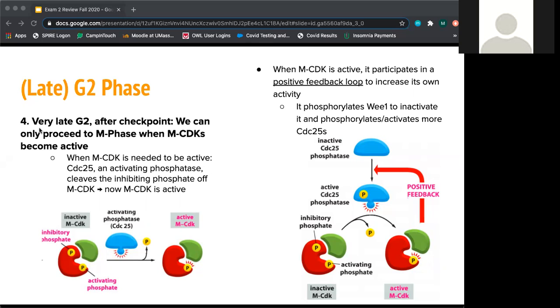And then when M-CDK is active, this makes a positive feedback loop to make more CDK active on its own. So it phosphorylates WEE1 and it phosphorylates and activates more CDC25s. So the CDK goes and activates more CDC25 so that the inhibitory phosphate can be taken off, and then the cycle just continues and continues and continues.